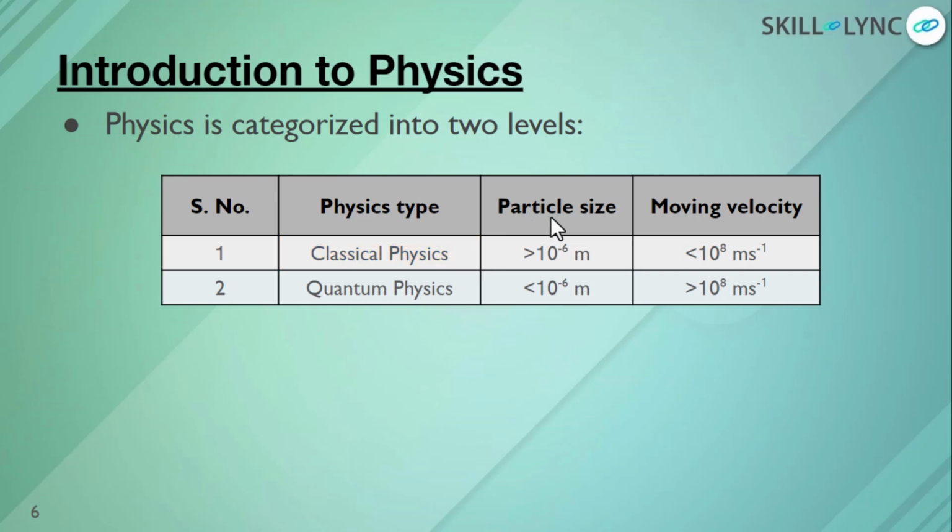Similarly, if the particle size is less than 10⁻⁶ meters and the moving velocity of the particle is greater than 10⁸ meters per second, then it comes under the category of quantum physics.